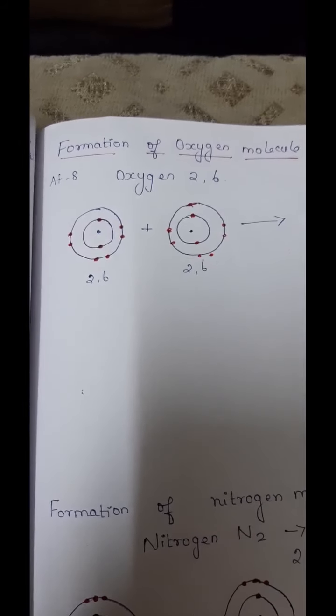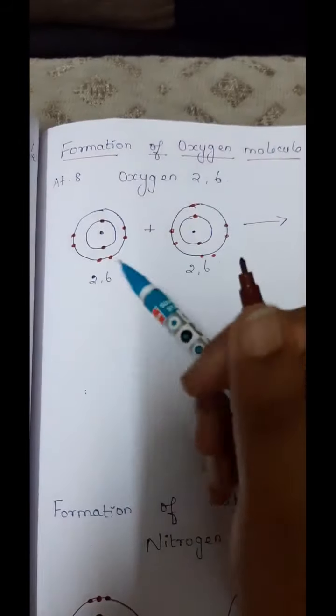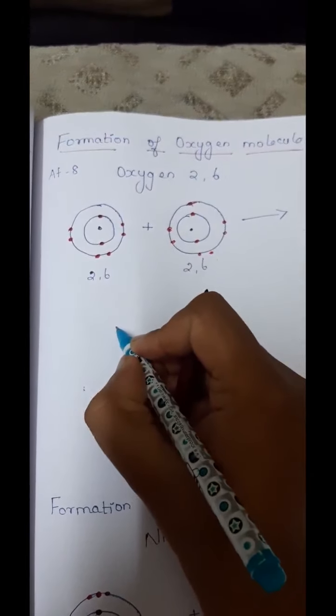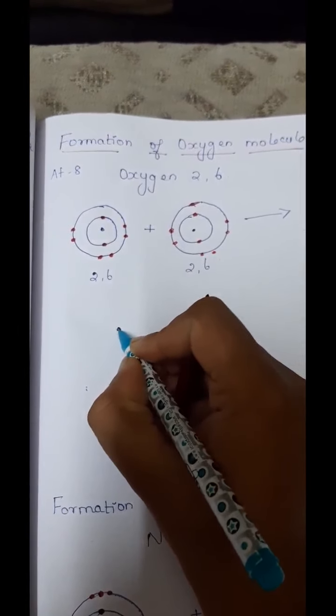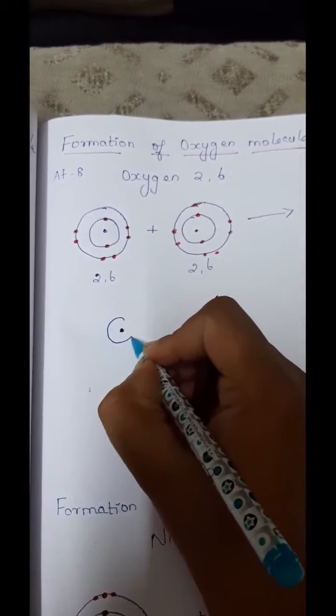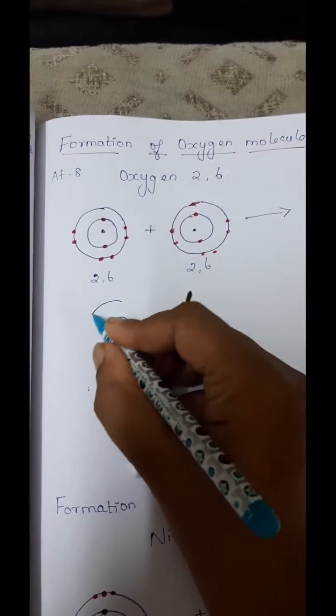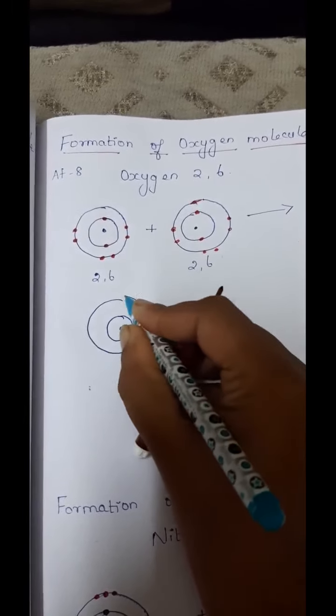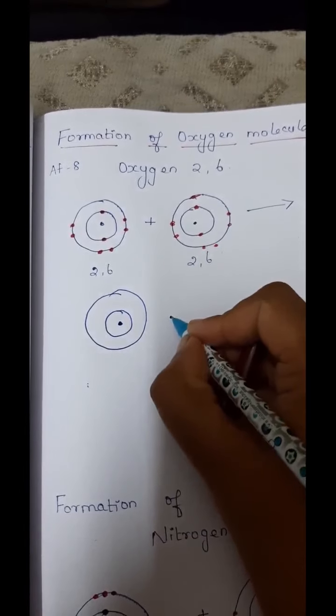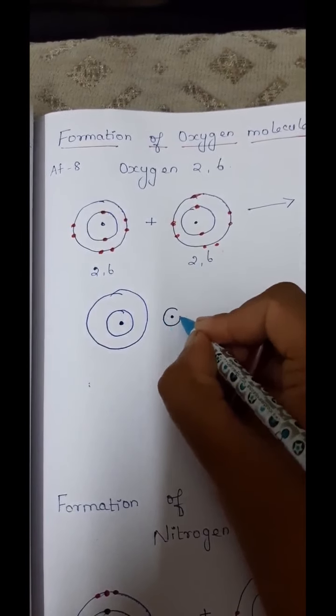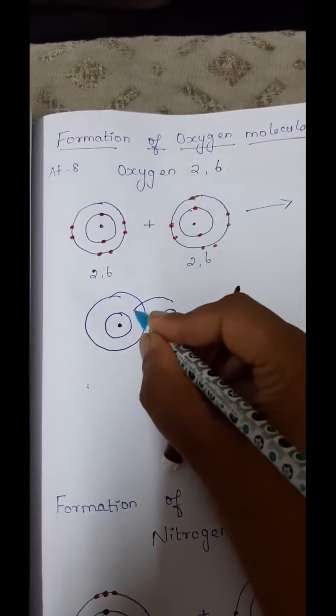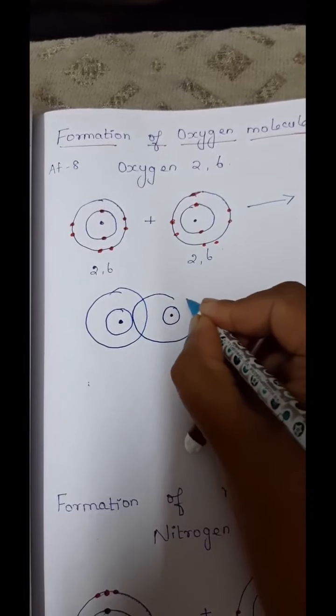Now how the bond is formed. So it forms the oxygen molecule. So this is your nucleus, this is your first shell and this is your second shell. Similarly, this is your nucleus, this is your first shell and this is your second shell.